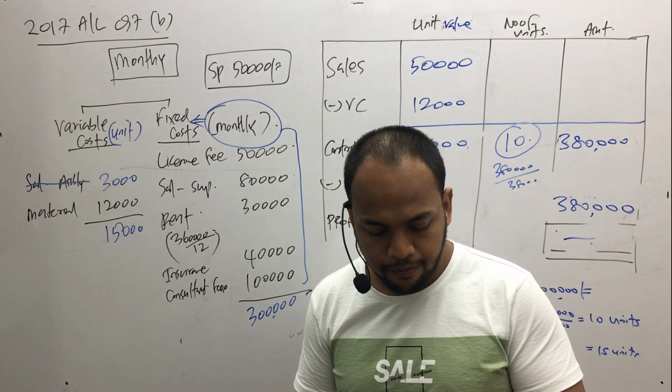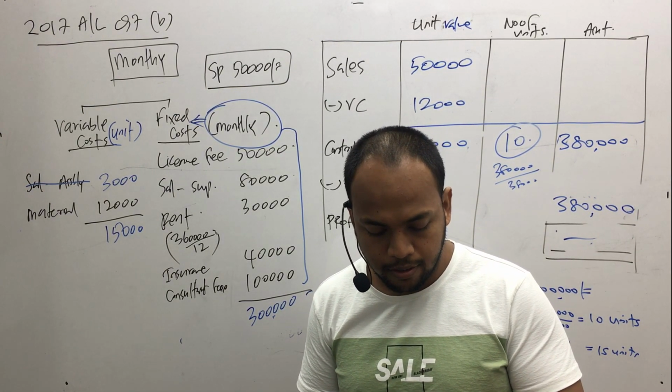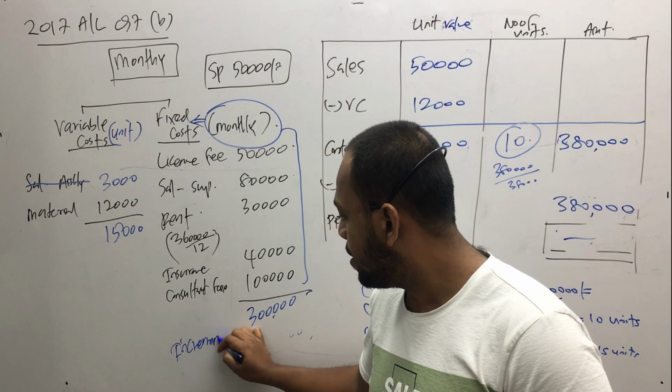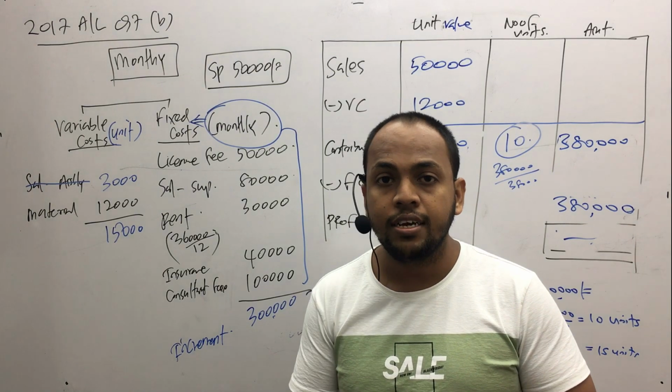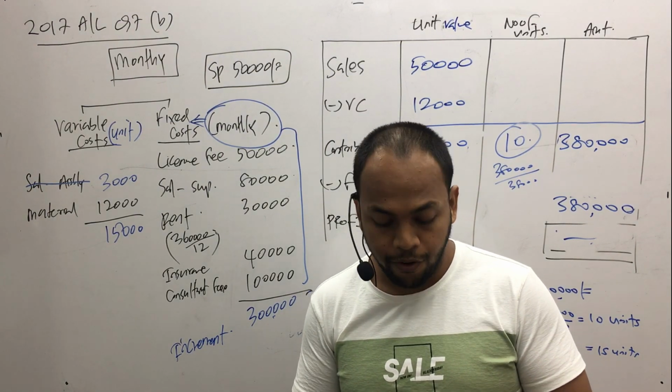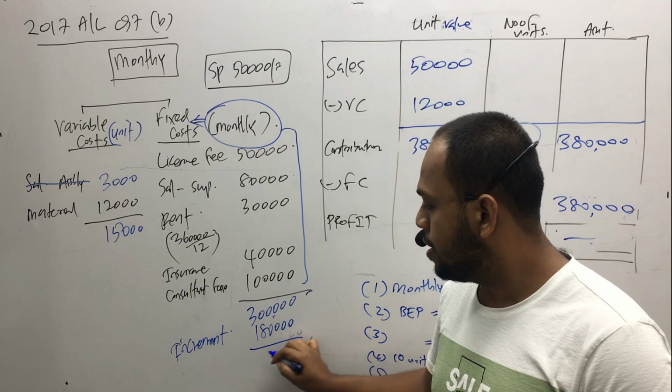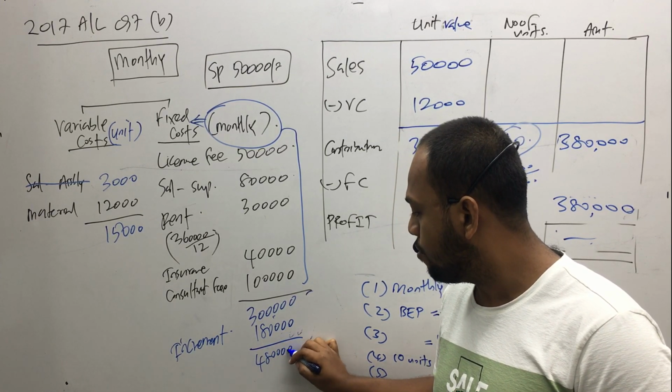Then your fixed cost will increase. How much is the increment? If you write 180,000, then you take 480,000. Is it correct?